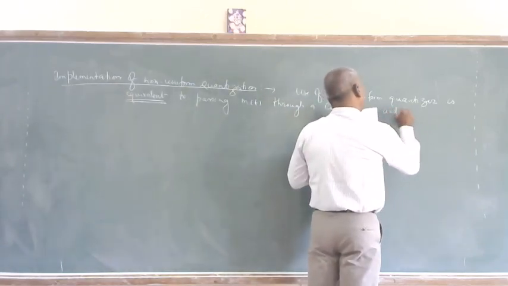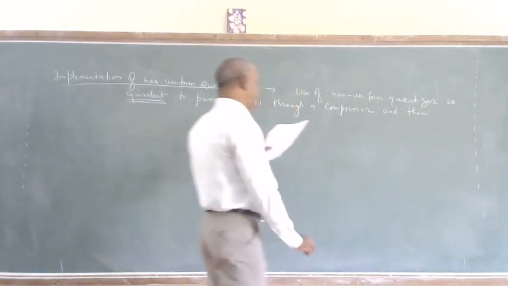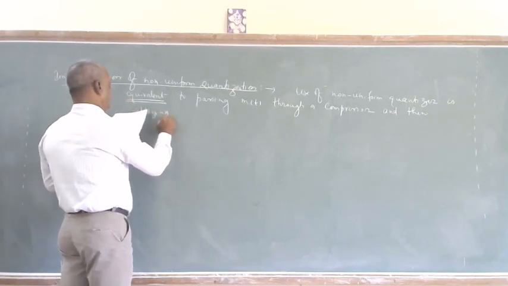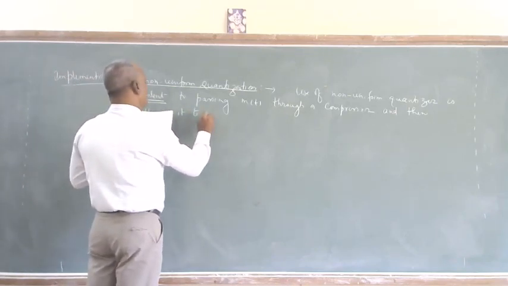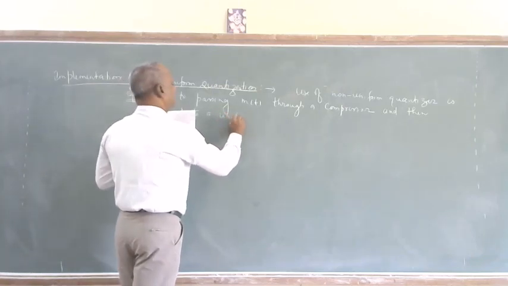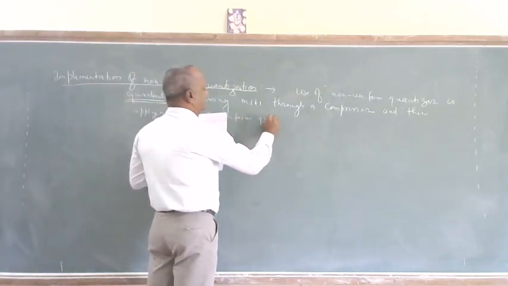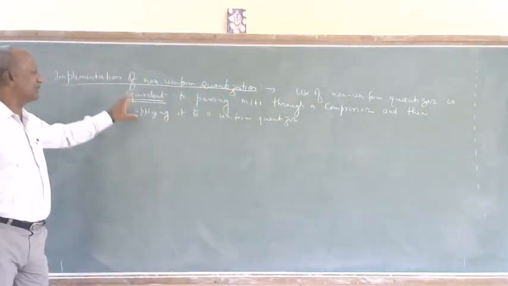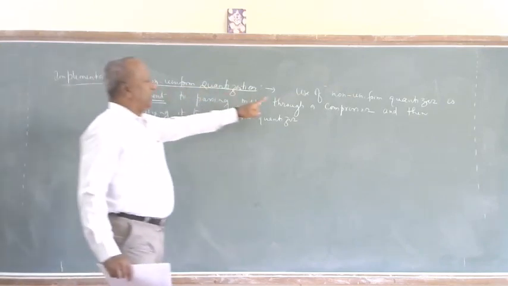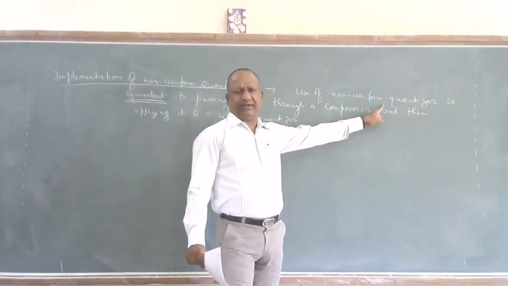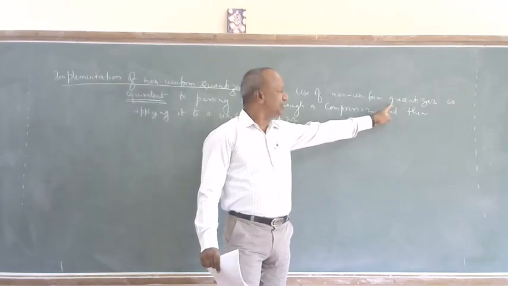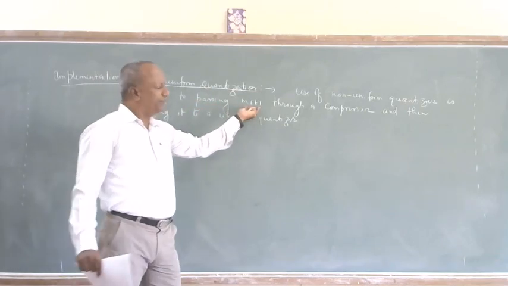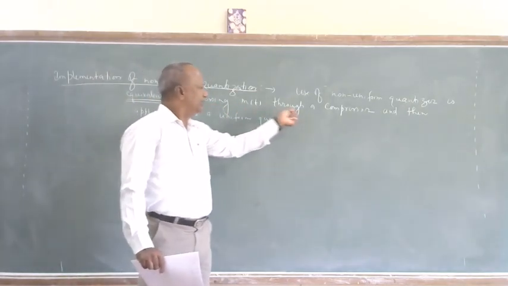and then applying it to a uniform quantizer. This statement is very important. The implementation of non-uniform quantization is equivalent to passing the analog signal m of t through a compressor.